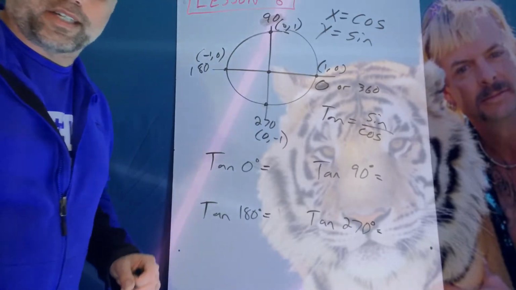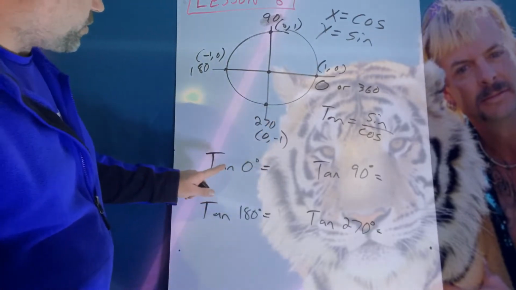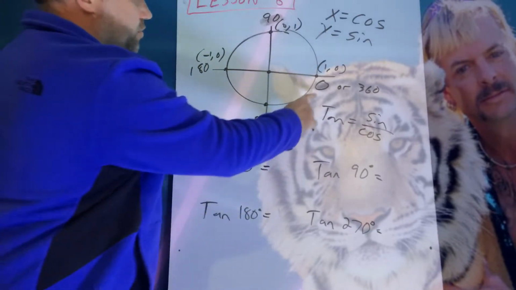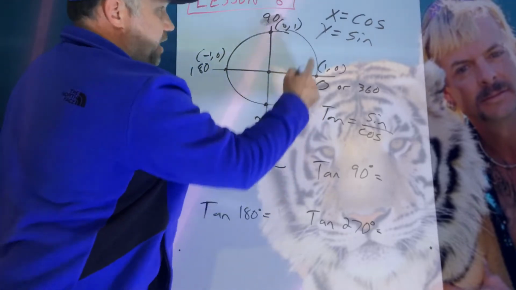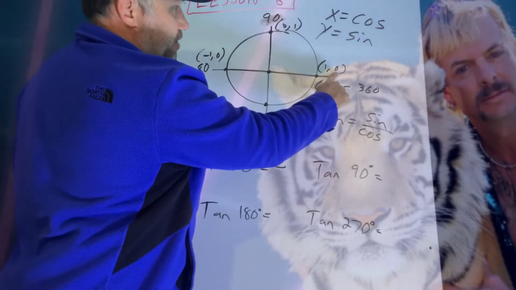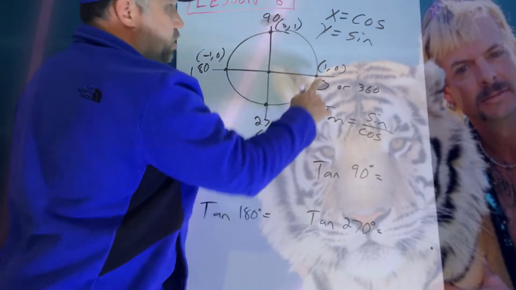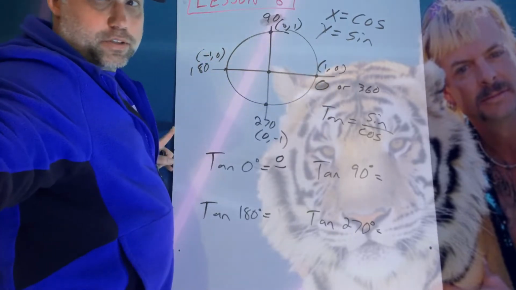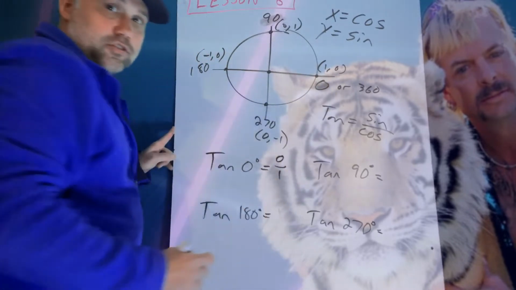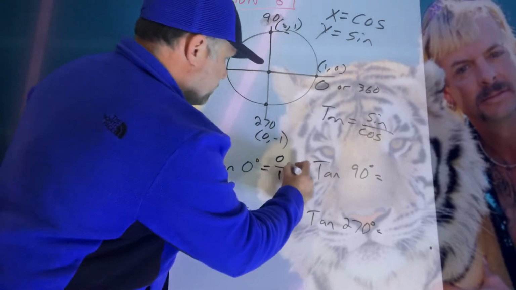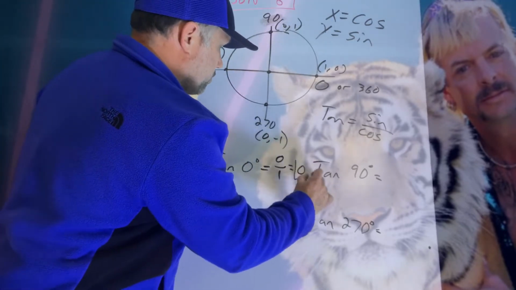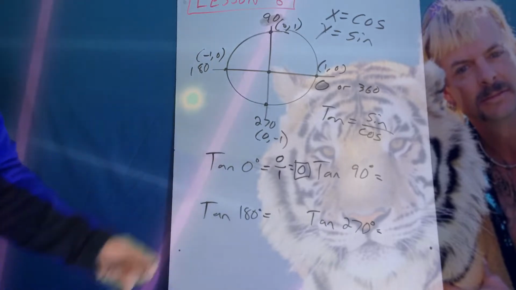All right, so let's take the first one, the tangent of 0. If I go over to 0 degrees and I do sine over cosine, sine is the y value, which is 0. Cosine is the x value, which is 1. 0 divided by 1 is 0. So the tangent of 0 is 0.